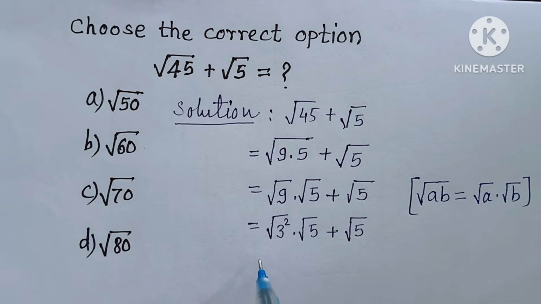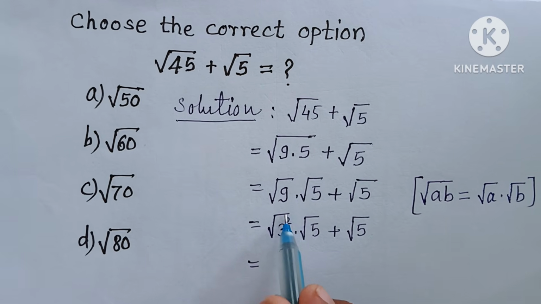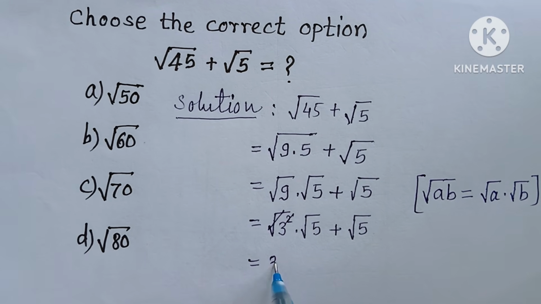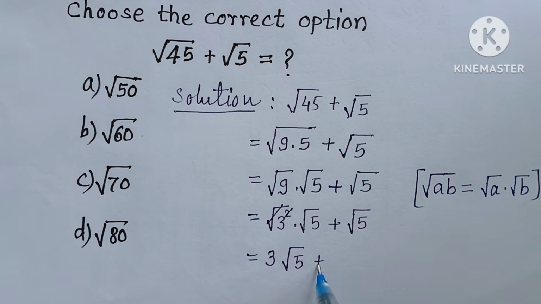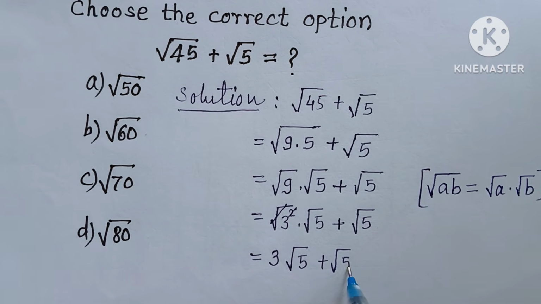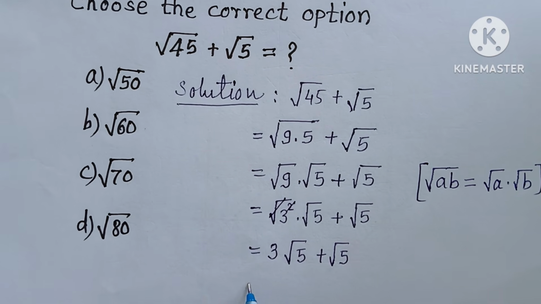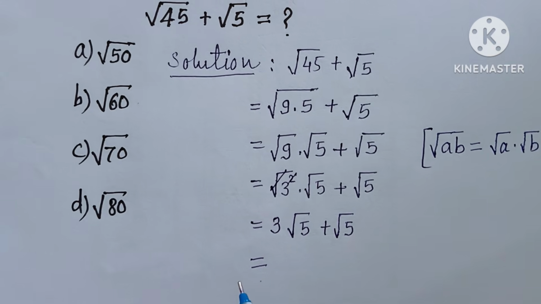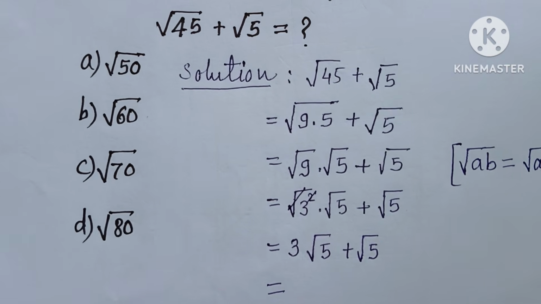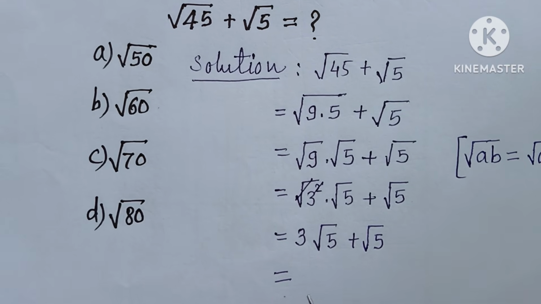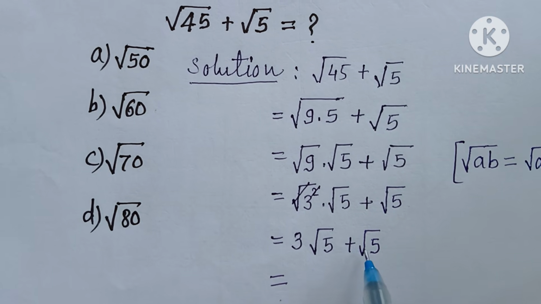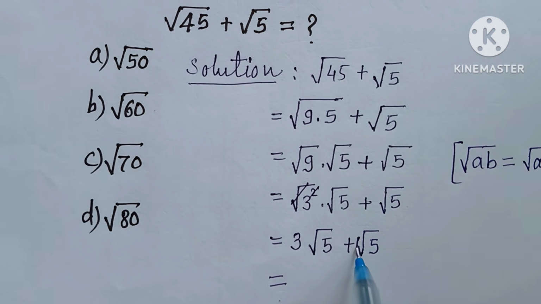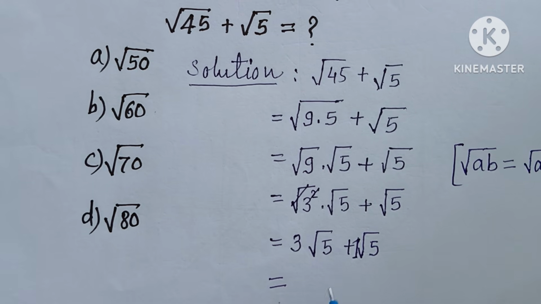Now see here, this is a square and the square root will be removed, so we get 3 under root 5 plus under root 5. Now here we can do the addition. Here 3 under root 5 and here 1 under root 5, which is not written.